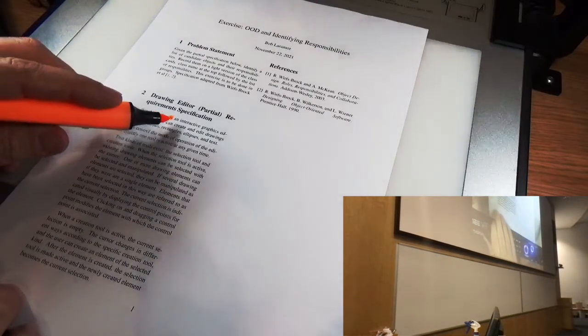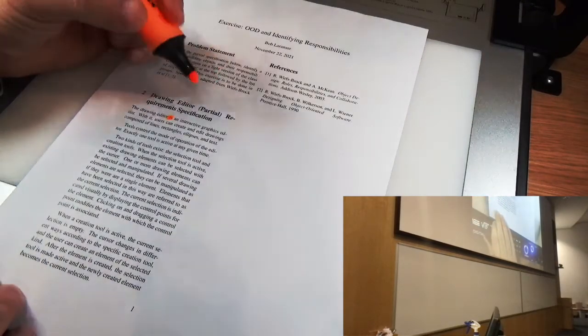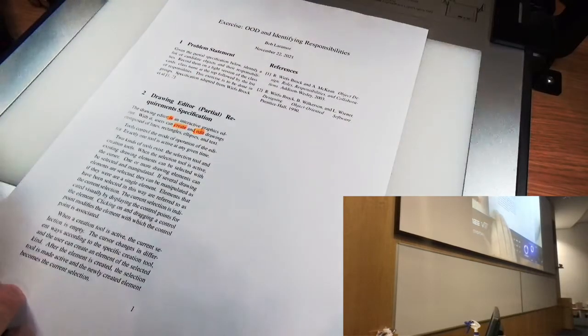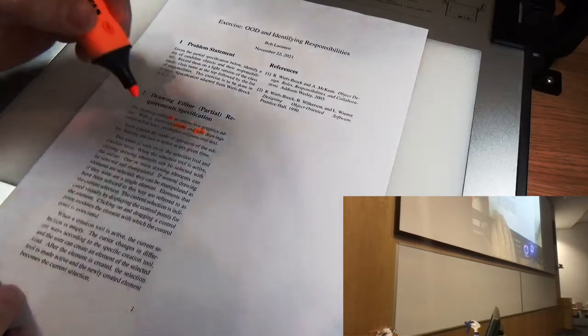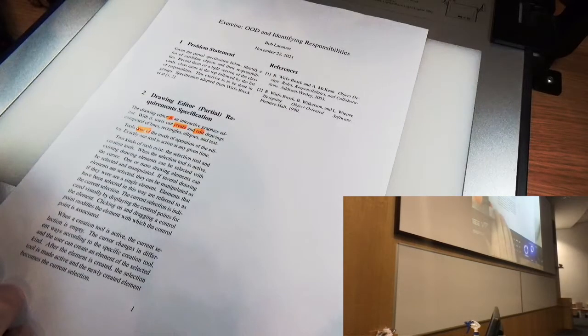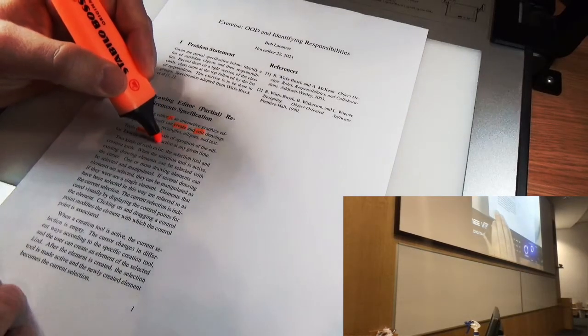Okay, the drawing editor is an interactive graphics editor. With it, users can create and edit drawings composed of lines, triangles, ellipses, and text. Tools control the mode of operation. So in this case, control is a verb, the way it's being used. Tools control the mode of operation of the editor. Exactly one tool is active at any given time.